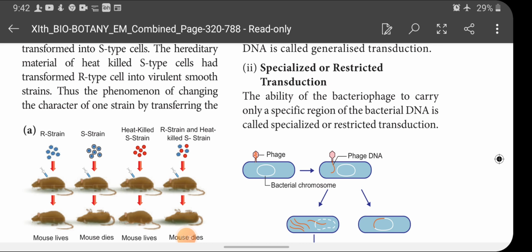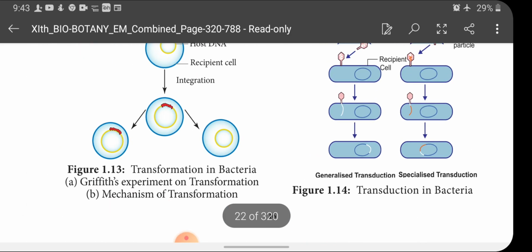The bacteriophage has the ability to transfer DNA from any region of the bacterial DNA. What is specialized transduction? The bacteriophage carries only a specific region of the bacterial DNA. It is called specialized or restricted transduction.